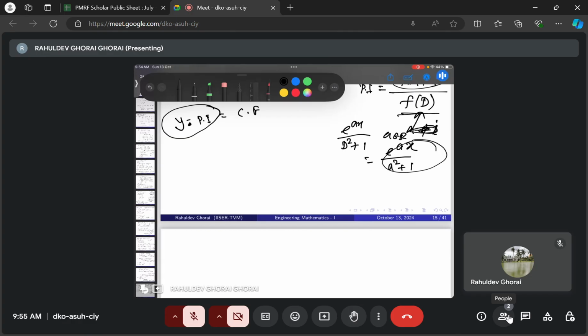So there are methods like reduction of order, variation of parameters, undetermined coefficients, all those things you can do. You can check if you want. Those will make life a little easier.